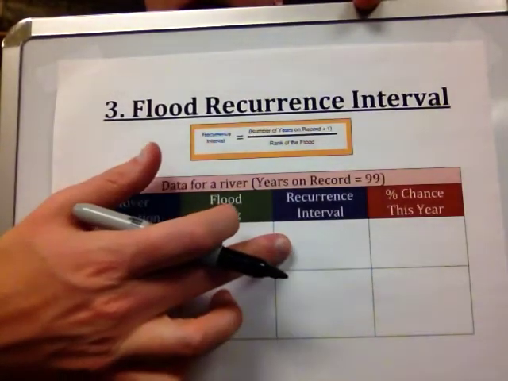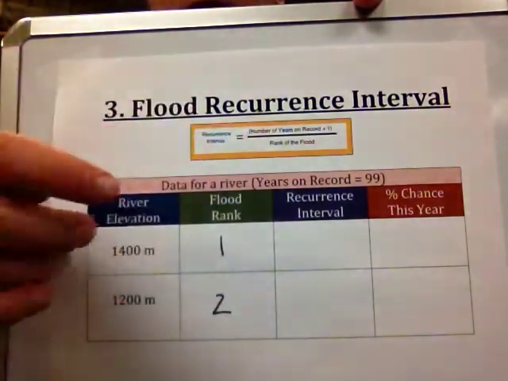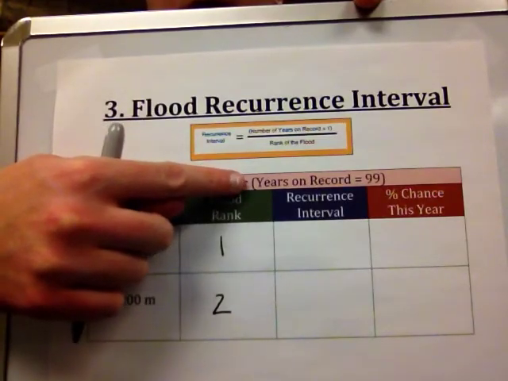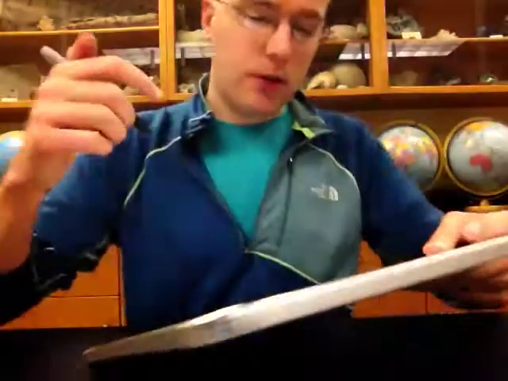To figure out the recurrence interval, we use this equation. The number of years on record we're given right here as 99. So we take 99 and add 1, and then divide it by the rank of the flood. I'm going to write that out for both of our floods in our data set.